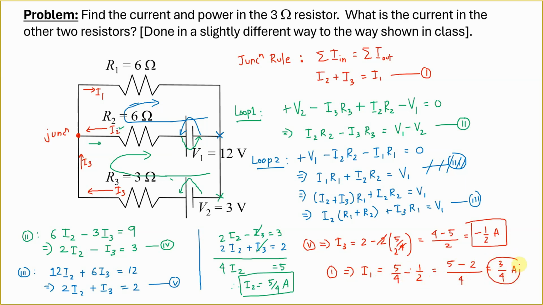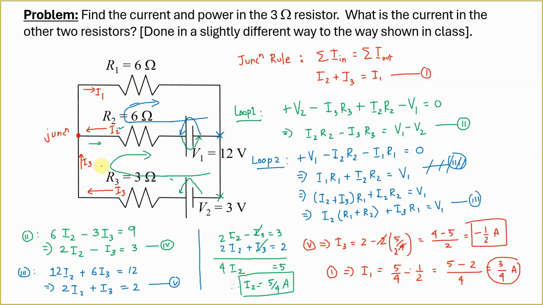So that is again a plus sign, so that means I have chosen the directions for I2 and I1 correctly. I just chose the inverse direction for I3. So it would be I3 going out of the junction because it's a negative sign. I2 would still be coming in, I1 would still be going out. So I2 comes in, I1 goes out, and I3 also goes out. All right, so that would be the actual current measurements.